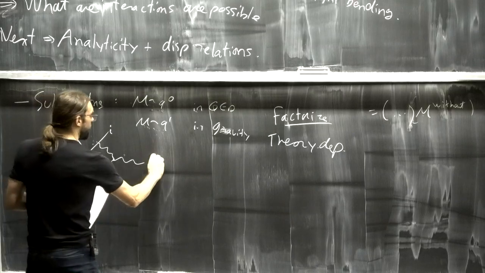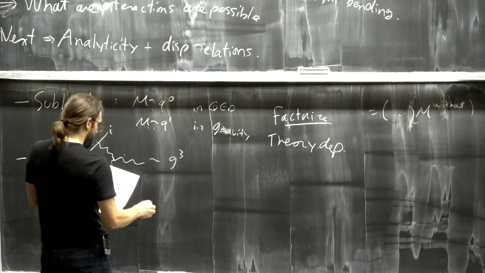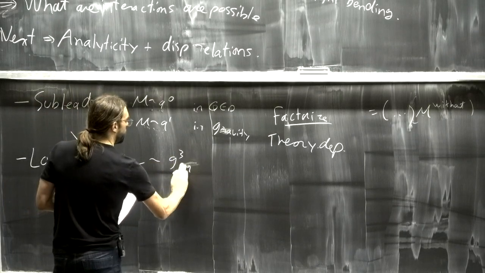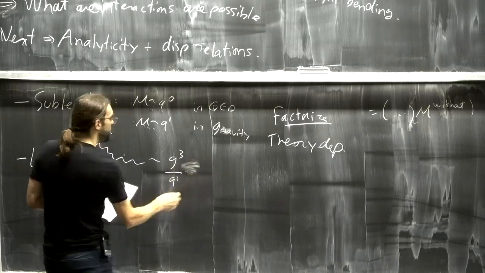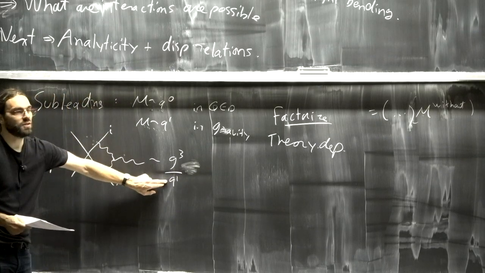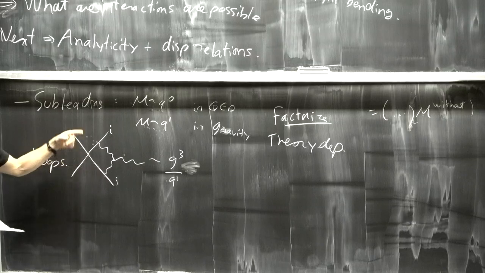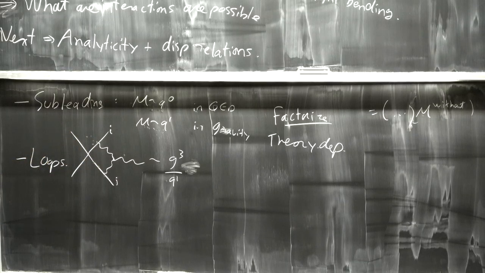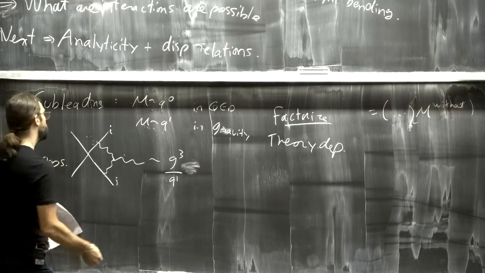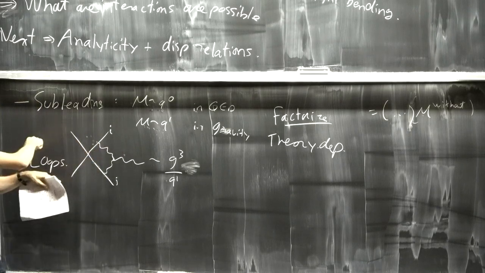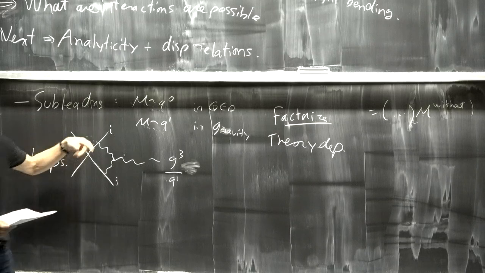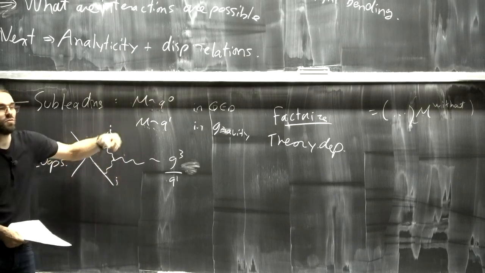And that would go like some kind of g cubed times q to the n over q to the n plus 1. So it has the same power in q as the leading soft theorem, but it depends in a more complicated way on the external things. At 3 loops, you can have things which couple more and more partons. So the so-called soft current becomes more and more complicated as you increase the number of loops.